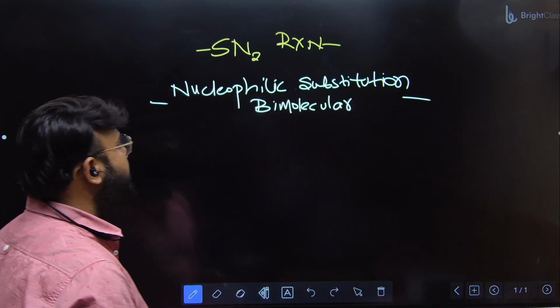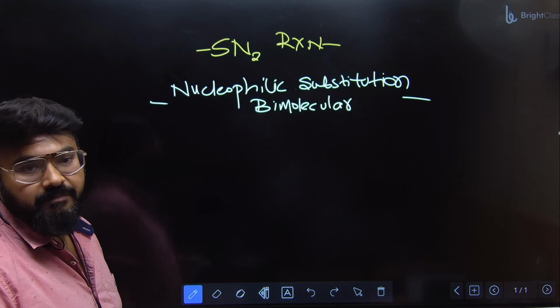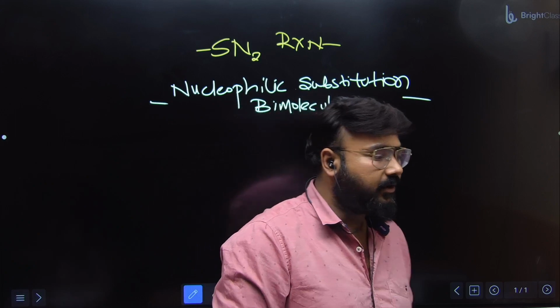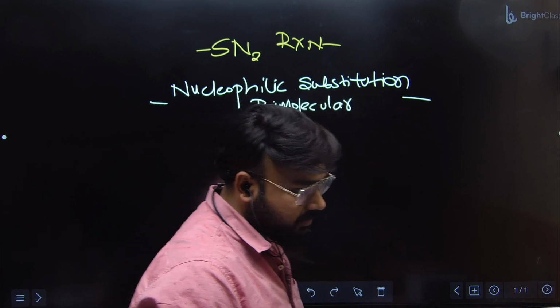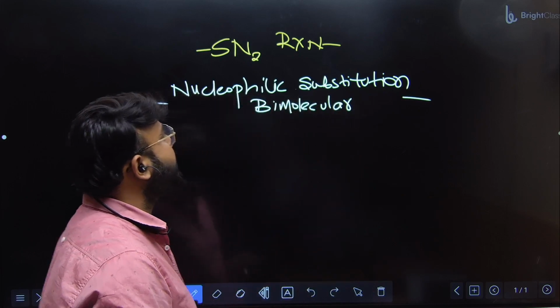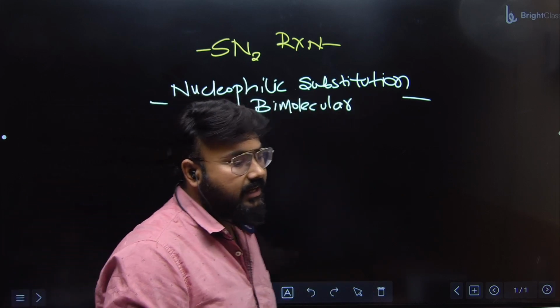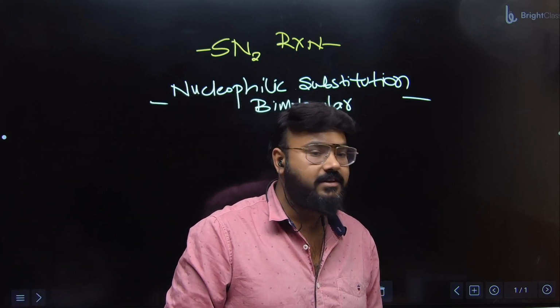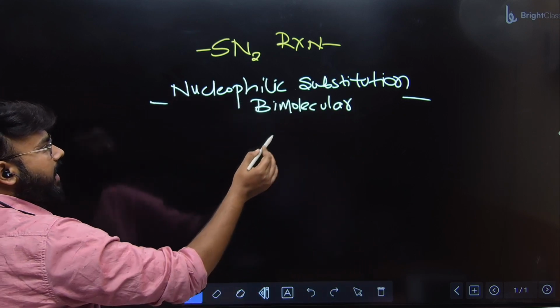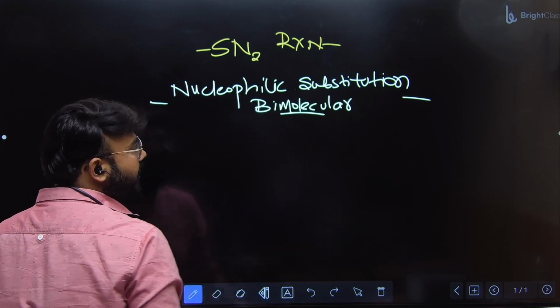Guys, now please see here why it's called bimolecular. Yesterday in the last class we discussed the SN1 reaction. Today we are doing SN2. So why is it called bimolecular? 2 means bimolecular, okay?